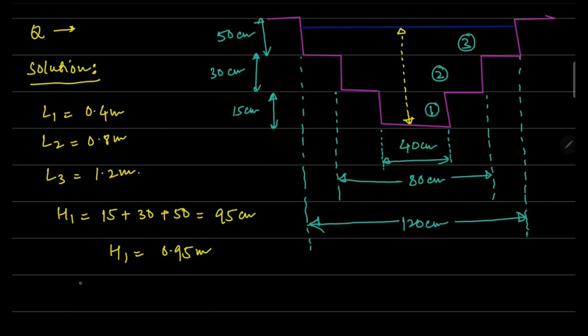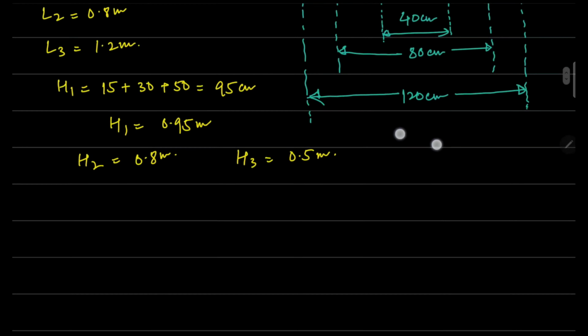And similarly H2 will be measured from this location to this location. So this value is 30 plus 50, that is H2 is equal to 0.8 meter. Similarly H3 is 50 centimeter, that is 0.5 meter.